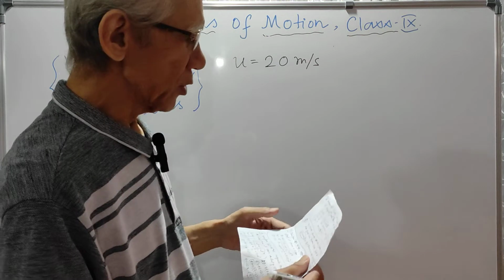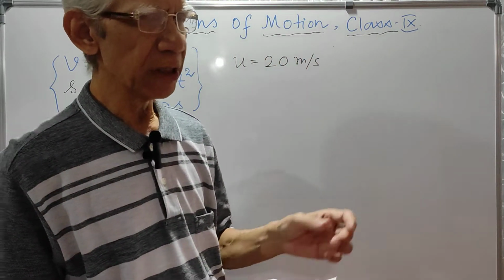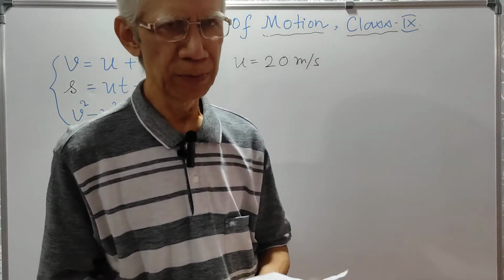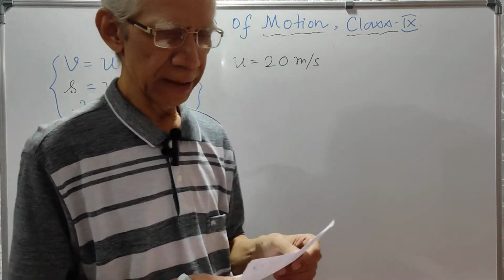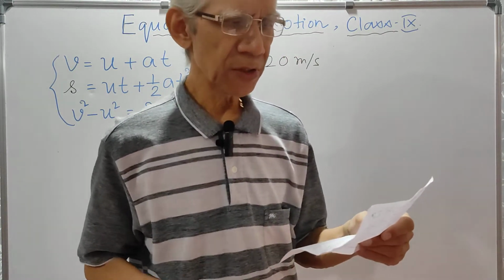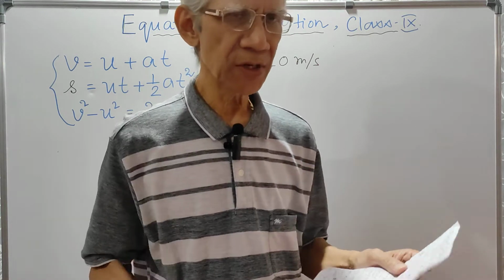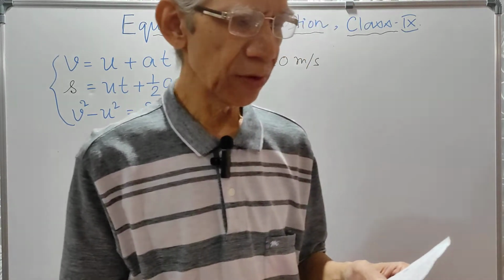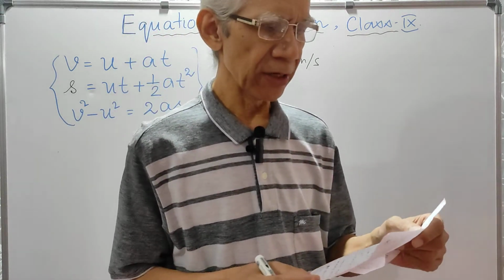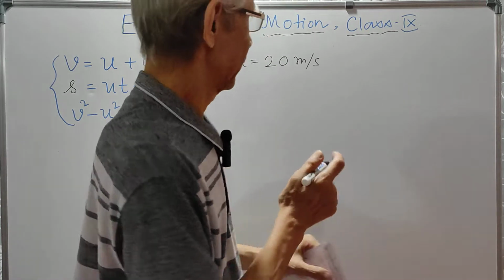All right. Now in this question it is said a body is moving with uniform velocity 20 meter per second. So that must be u. So I note down the value of u, 20 meter per second. Now due to some constant external force, so remember that external force must be acting constantly, it acquires an acceleration, and that acceleration you have to find out.